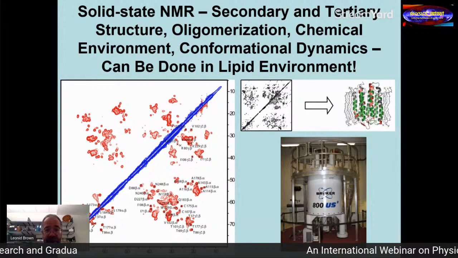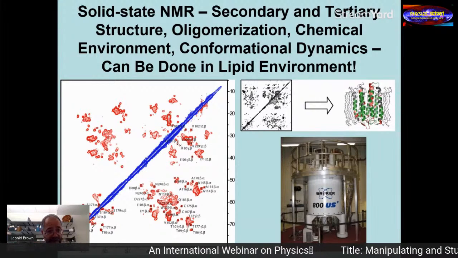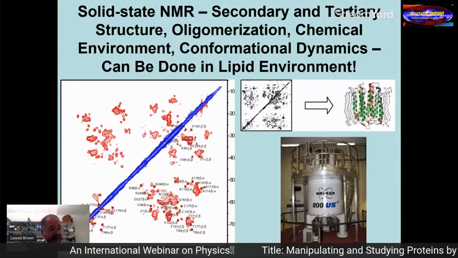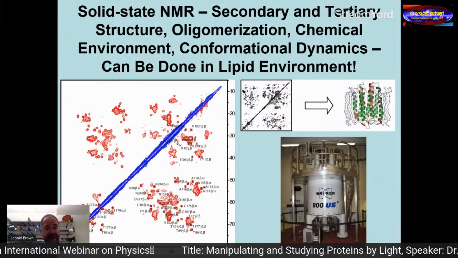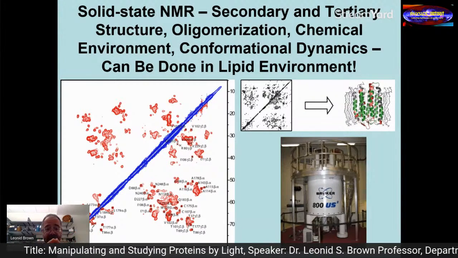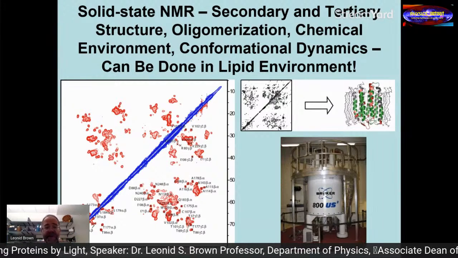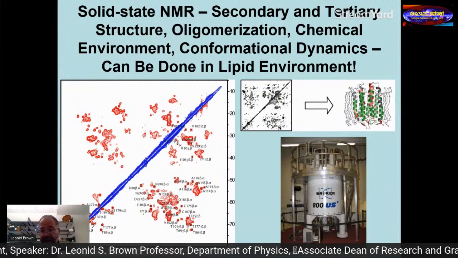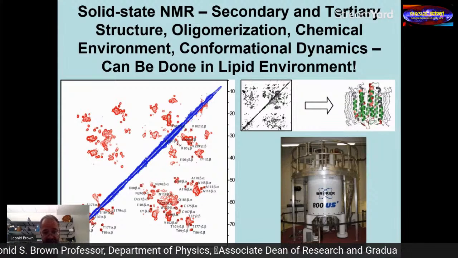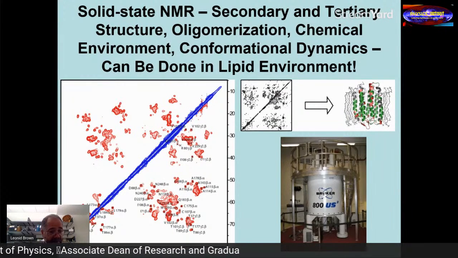You can get the full structure of your protein if you're lucky. You can study how proteins interact with each other. You can say things about the environment of each atom, and you can also measure their dynamics. You can measure how fast they move. So this is an extremely powerful technique. It can be done in lipids under native conditions. So it is very, very powerful.